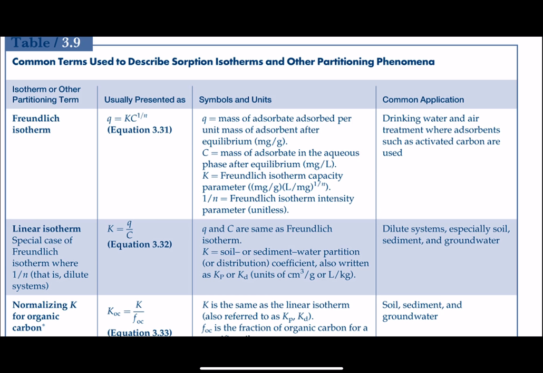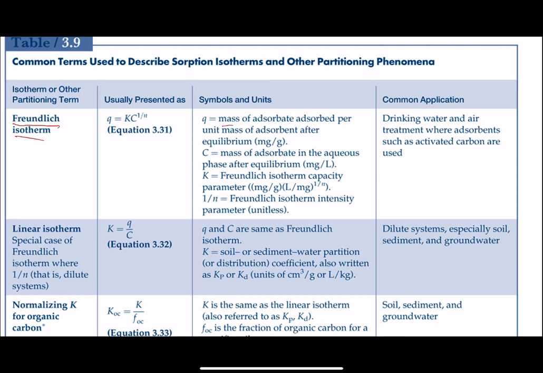Of course, we have to check the sorption isotherms. One of the famous isotherms, partition terms, is the Freundlich isotherm. Small q is equal to K times C to the power 1 over n. And here you have the symbols and units.